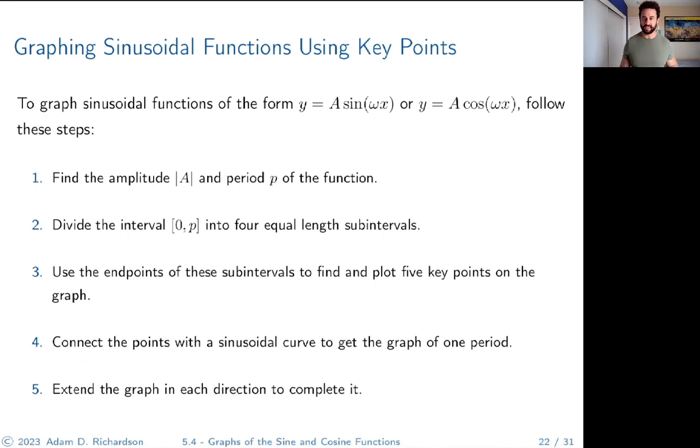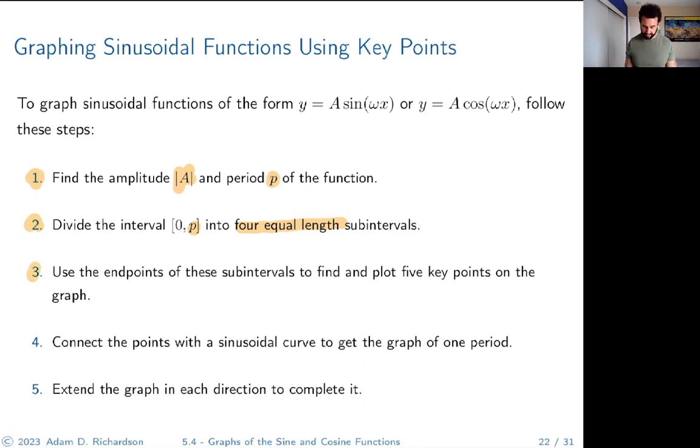So how do you graph these things? Well, the first thing is you need to find the amplitude and the period. What's the amplitude? What's the period P? Then you're going to take the interval from 0 to P, whatever that period is, and divide it into 4 equal length subintervals. That's step 2. So find the period, divide it by 4, and that's going to give you your key points.